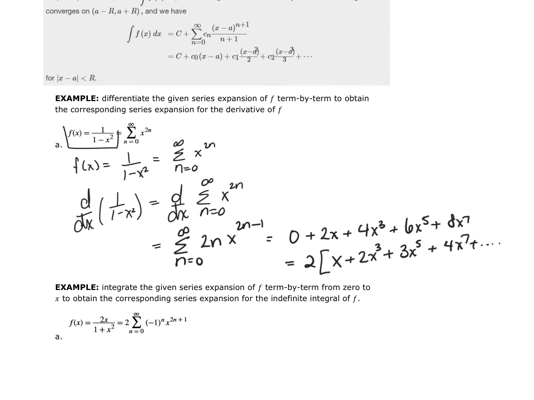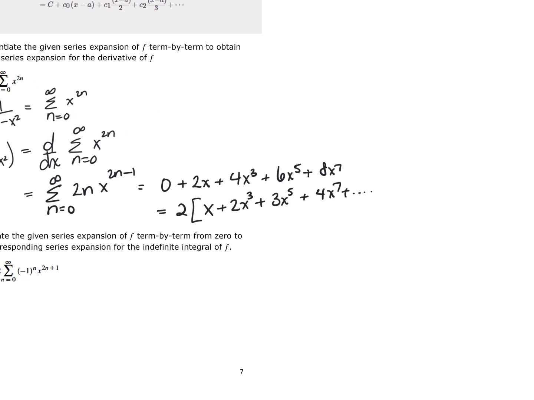And then it just makes it easier to see that I have this series, which will become the summation of n equals 0 to infinity, with the 2 out front. Now I need to make sure that when I put in 0, I get x. When I put in 1, I get 2x to the third.